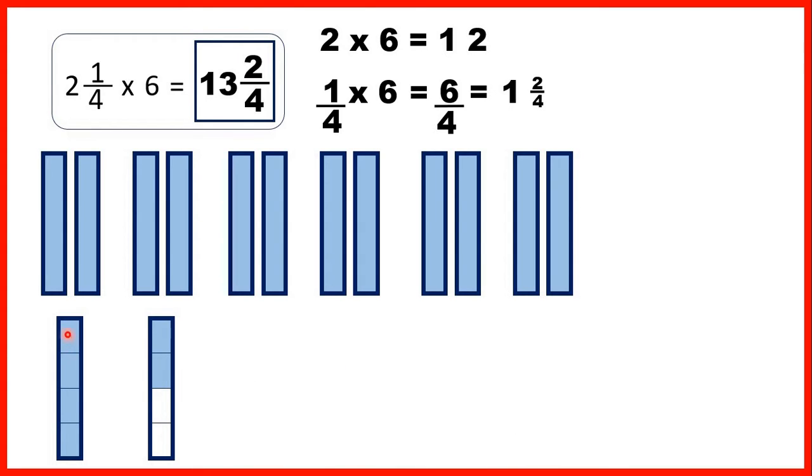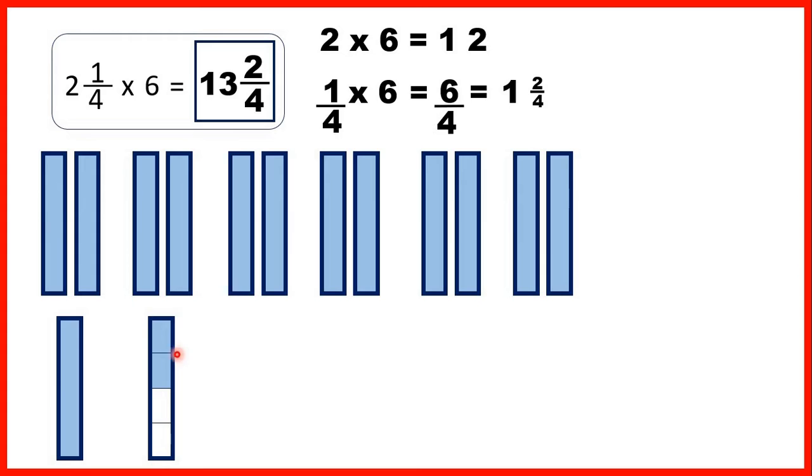But for this first bar, the whole bar is shaded, so we have an extra 1 whole, and we have 2/4 of another. So altogether, we have 13 and 2/4. 13 because we have 12 here and 1 here, and we have our 2/4.